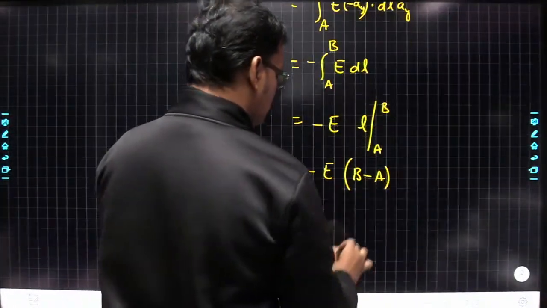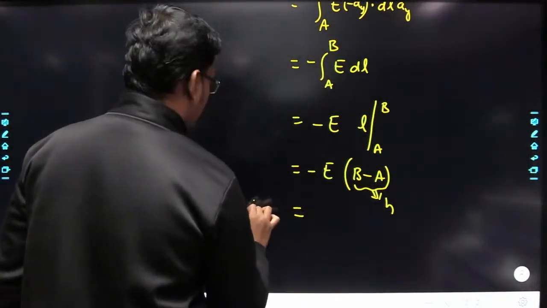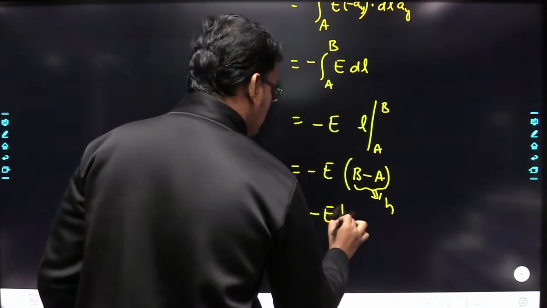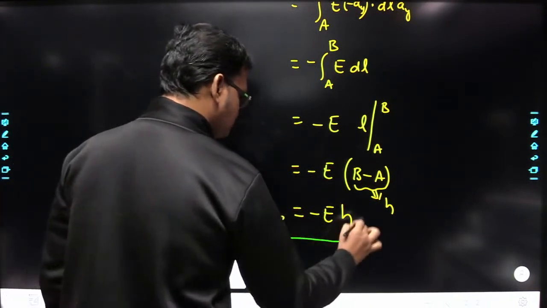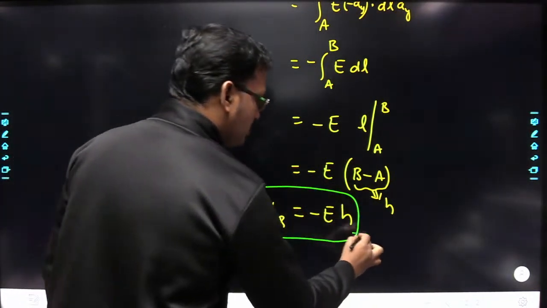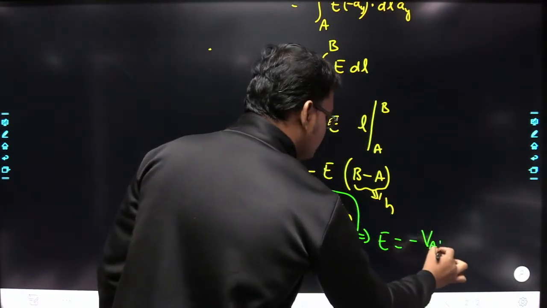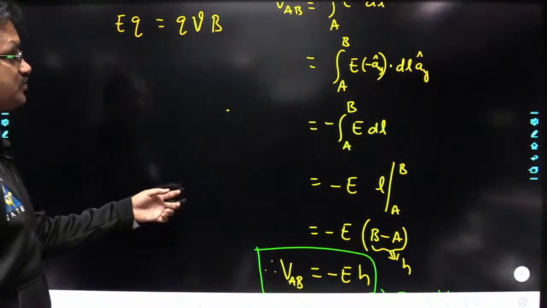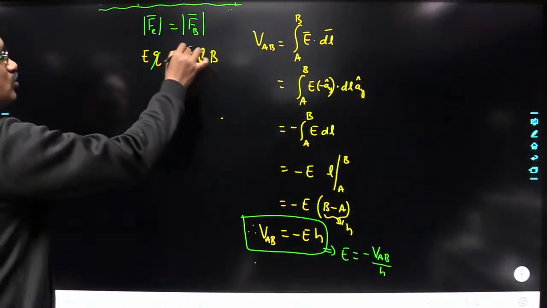So VAB is equal to minus E into h. From here, the electric field E is equal to minus VAB divided by h. Substituting that in this expression, q will get cancelled.